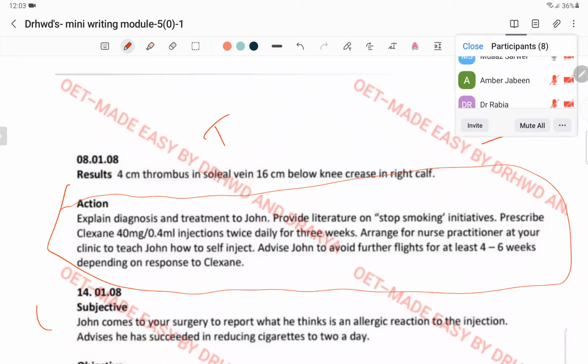What is irrelevant or what is semi-relevant? Arrange for nurse practitioner at your clinic to teach John how to self-inject. That is semi-relevant. It is irrelevant, Dr. Moaz, what do you think?